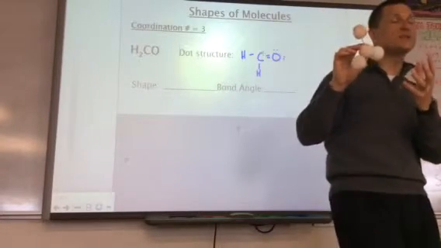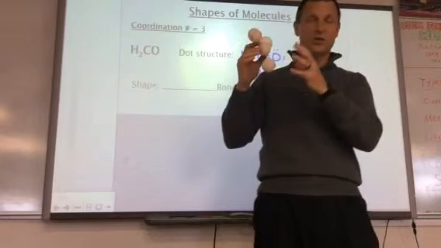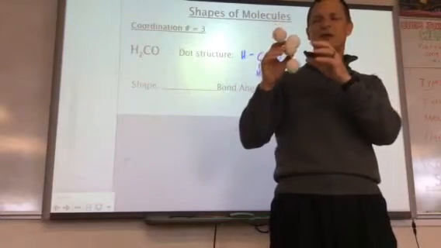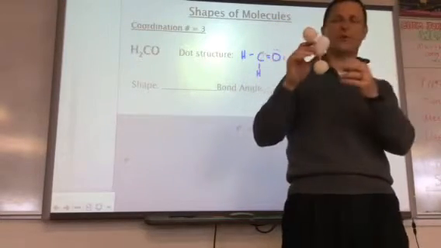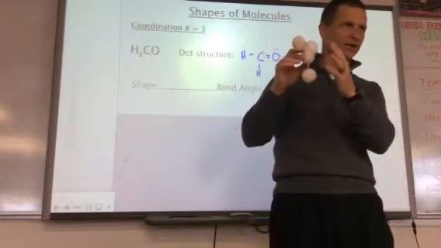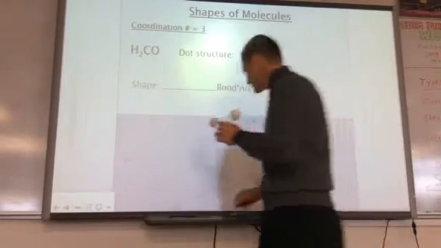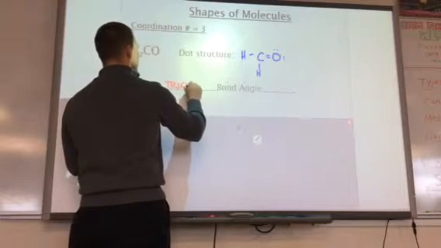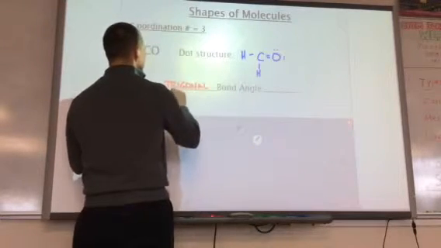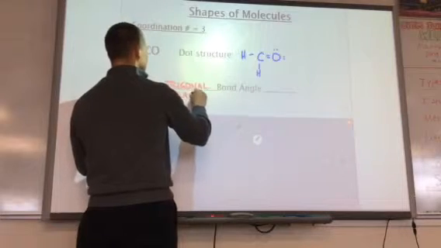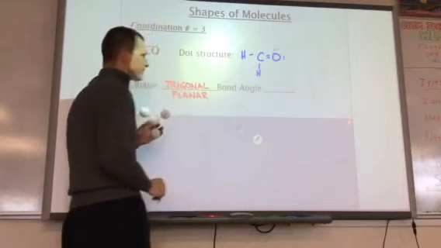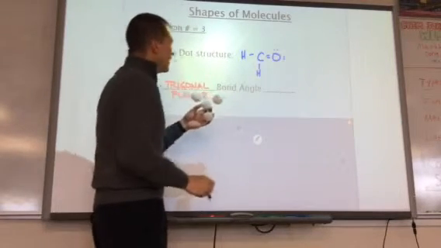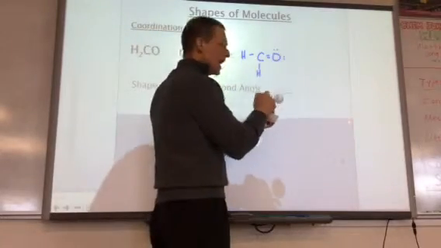Now, we have to mention that it's planar because you can't just say triangle, because there actually is one shape, and you've heard of it before, where they're not all in the same plane. So we do have to mention when it is planar. In this case, it is trigonal planar. The angles of these bonds are all the same.